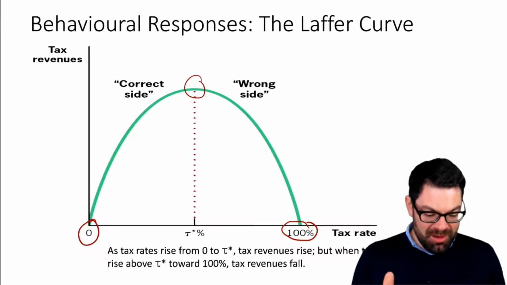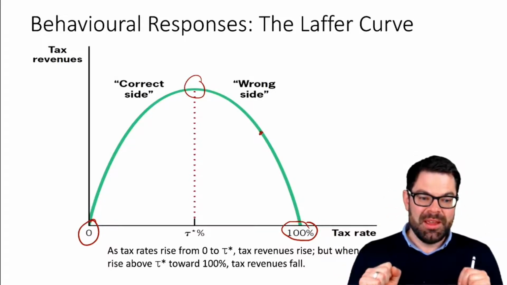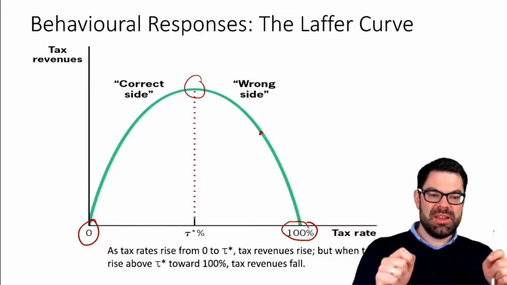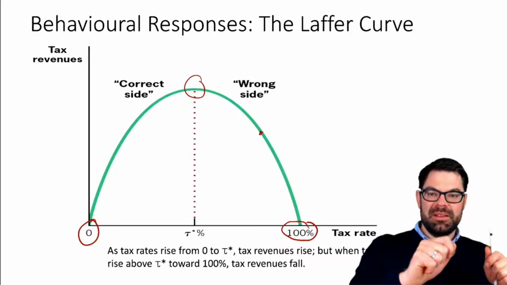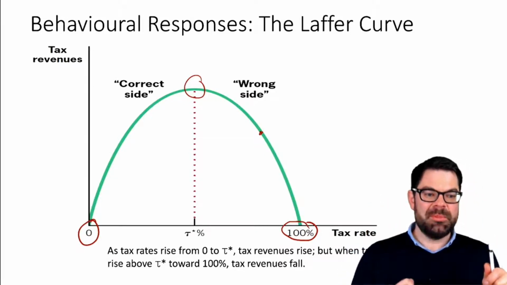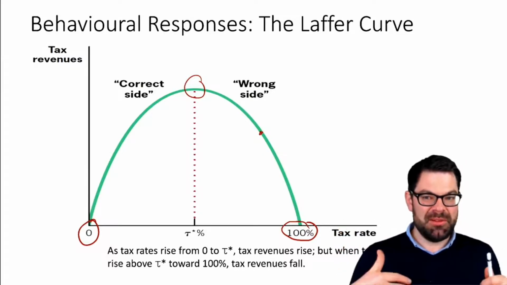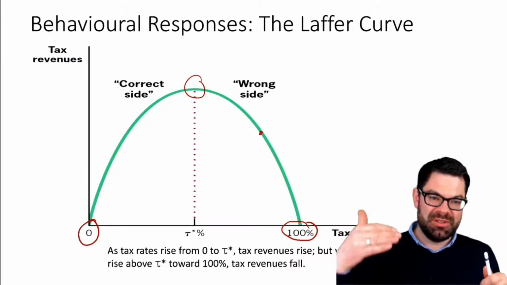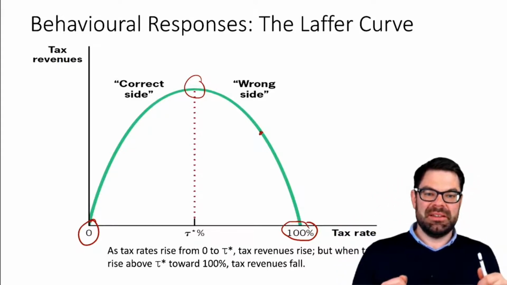Anywhere on what is here called the wrong side of the Laffer curve, we have a situation where the tax rate is so high that if we move towards that high tax rate, people reduce their labor supply, so they work less, have more leisure, and we actually have less tax revenue. So the higher we go with our tax rate, the lower the tax revenue gets.